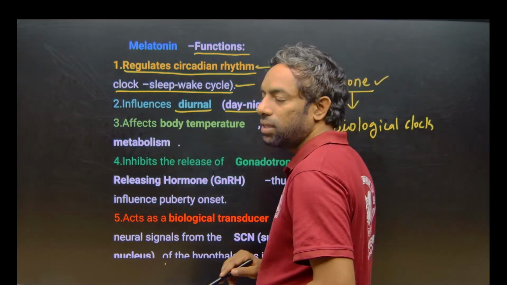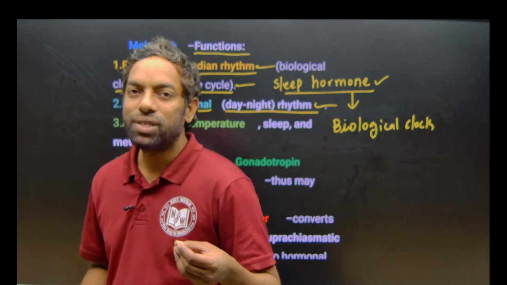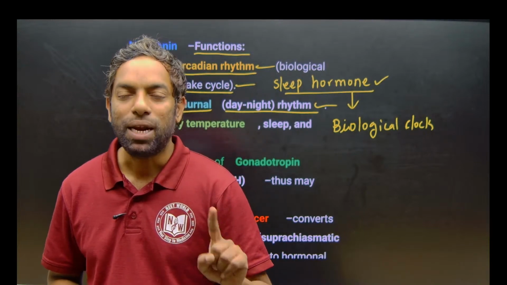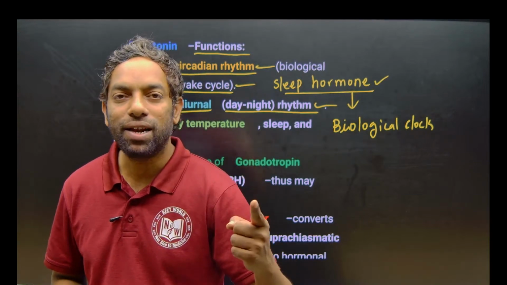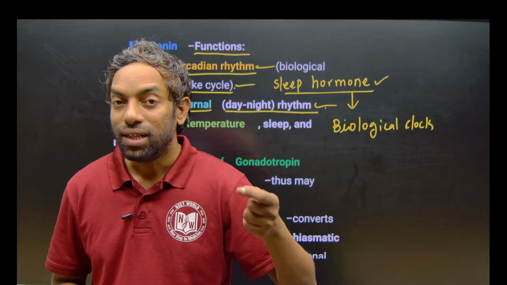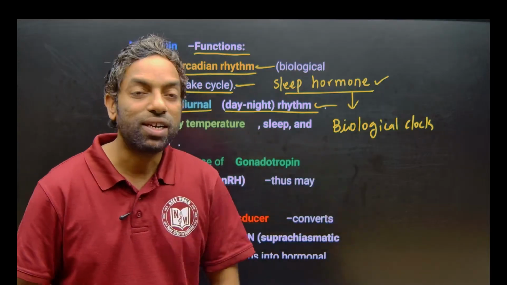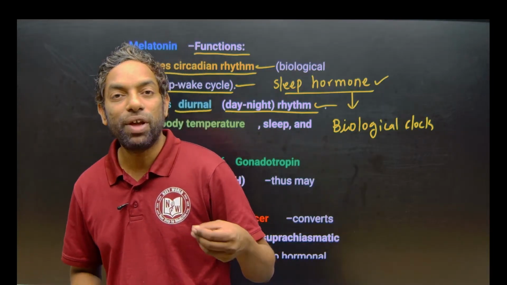The pineal gland produces the hormone called melatonin, which is involved in the circadian rhythm. Circadian rhythm means it is involved in the biological clock, which is why we call it the sleep-wake hormone.